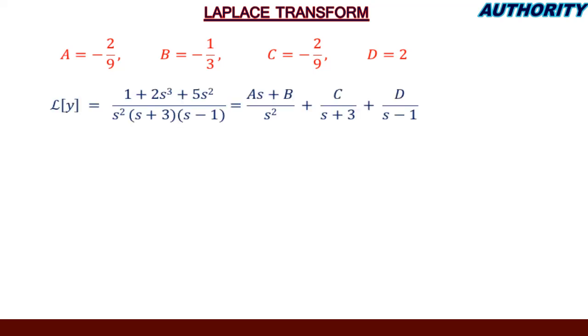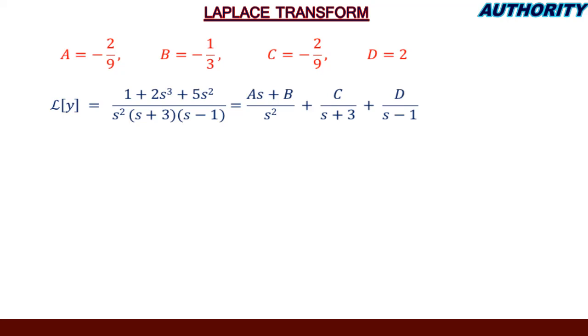Here we say the Laplace transform of y is equal to 1 plus 2s cubed plus 5s squared all over s squared, s plus 3 in bracket, s minus 1 in bracket, is equal to as plus b all over s squared plus c all over s plus 3 in bracket plus d all over s minus 1 in bracket.